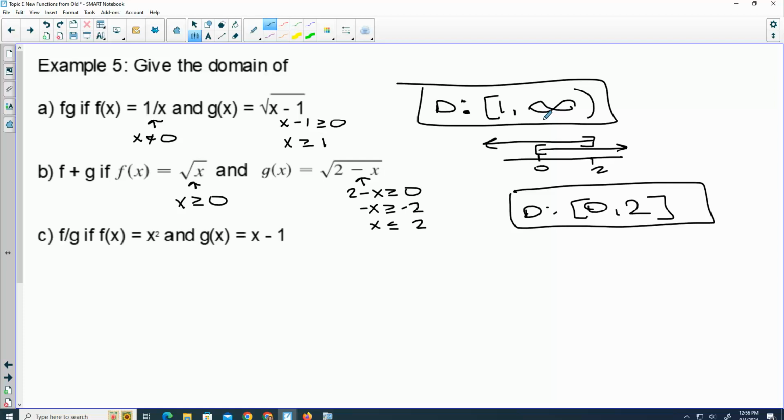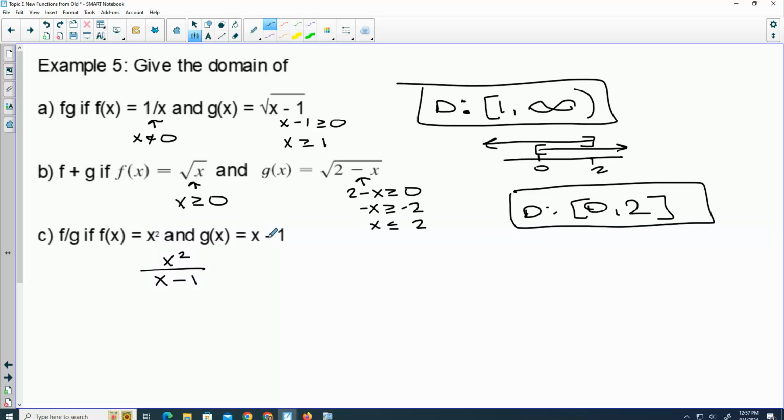If I have f divided by g, g can't be 0. So if I think about f, x squared, divided by g, which is x minus 1. X squared, do I have any stipulations on that one? No. X minus 1, do we have any stipulations?